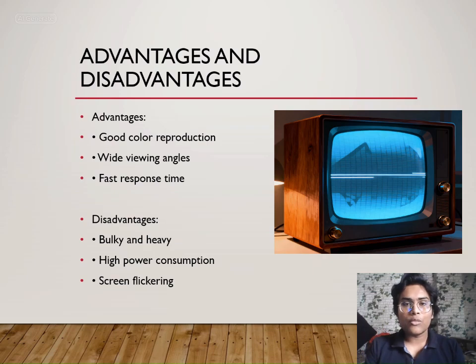As most of the parts are electronic, it has higher power consumption. And then screen flickering. CRT displays have a screen flickering problem. By this we can see a flickering screen on the display of the CRT, caused by the electron gun or the phosphorus screen, which loses its phosphorus coating and starts flickering.